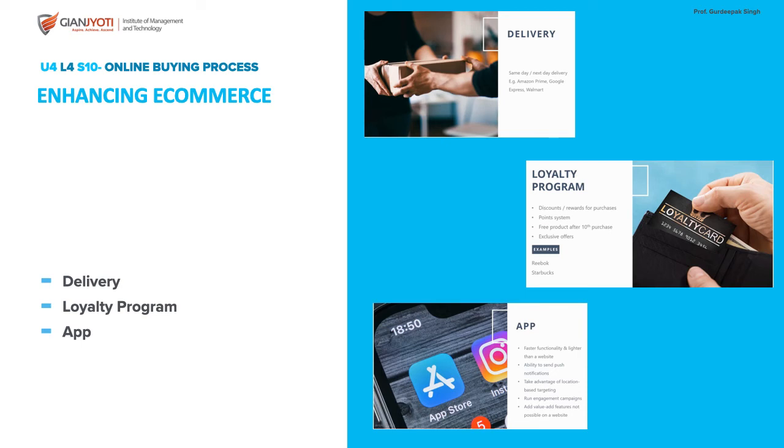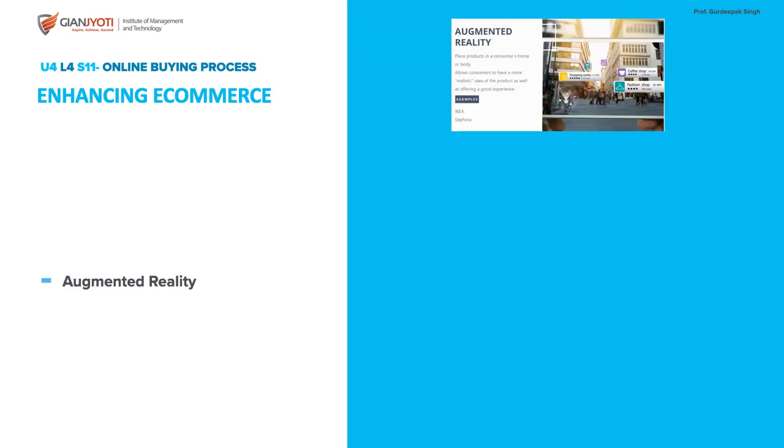Functionality is faster and it can push notifications which otherwise are not possible. It can also track the location and you can run engagement campaigns. So this is a good way of enhancing your e-commerce.